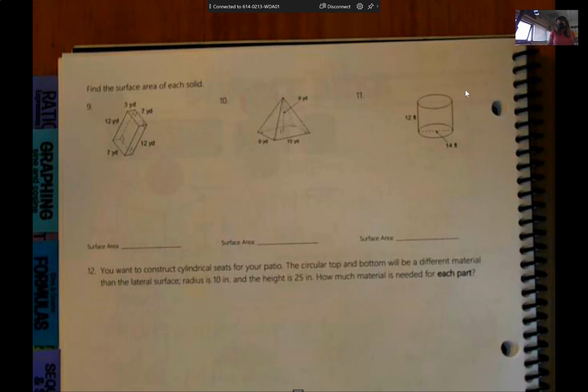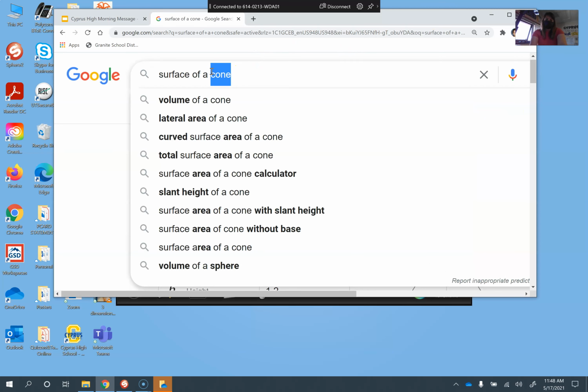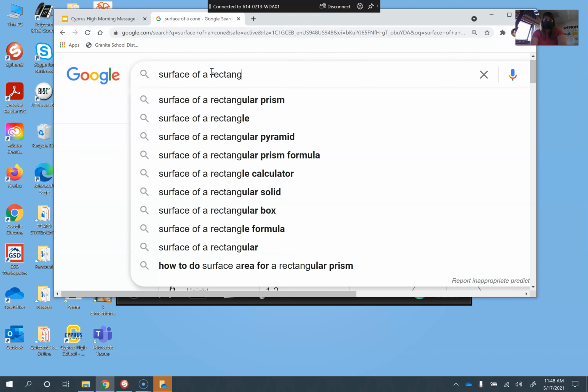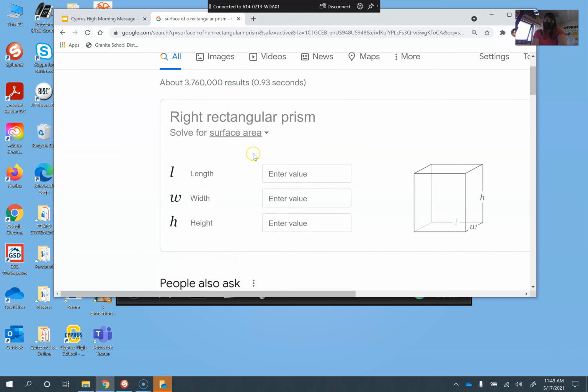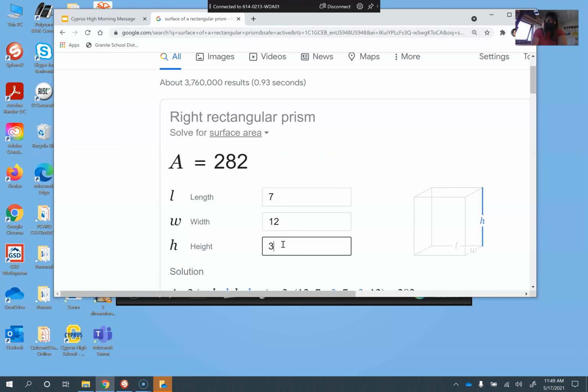Okay, on number 1, I got 282, but I saw some of you guys had bigger answers than me, so I'm going to check it. So, surface area of a rectangular prism, and once you start typing it out, Google will finish it for you most of the time. Our length was 7, 12, and 3.